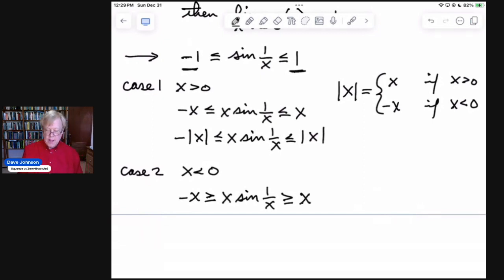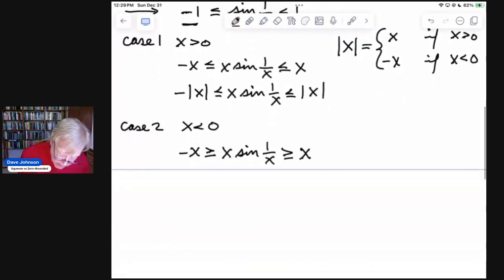Okay. And we had to do that because if you multiply both sides of the inequality by a negative number, you have to change the direction of the inequality. But we don't want the greater than or equal to's in there. We want them to be less than or equal to's. So we can switch the positions of everything, swap it around, and so the right side becomes the left side.